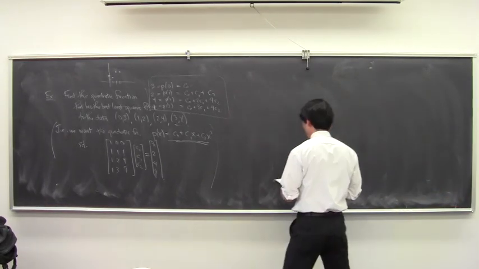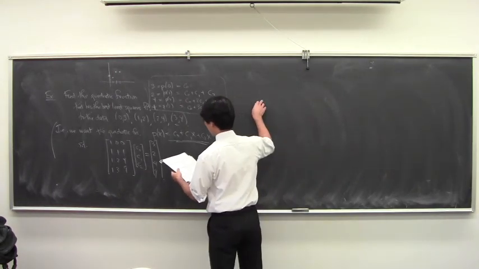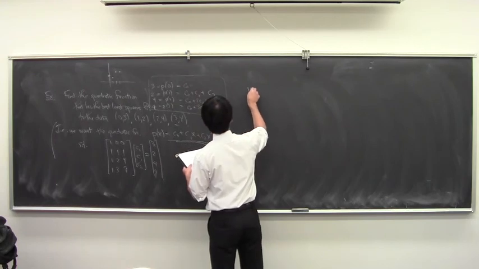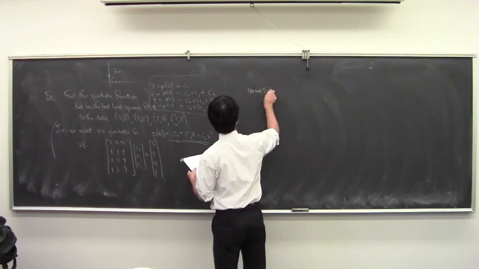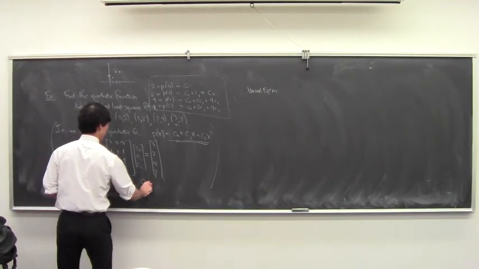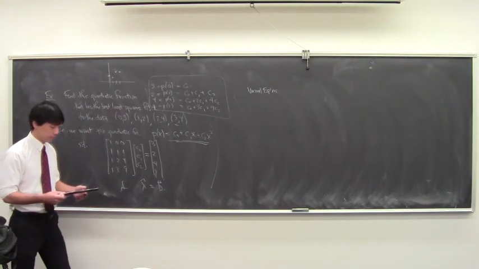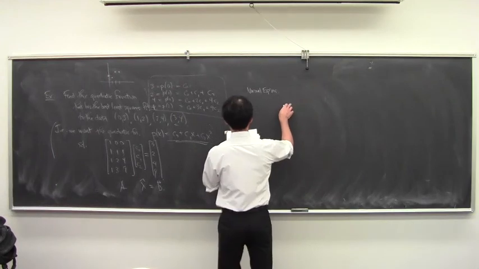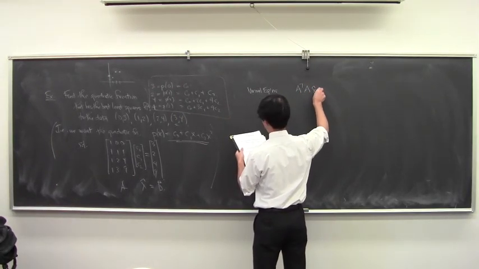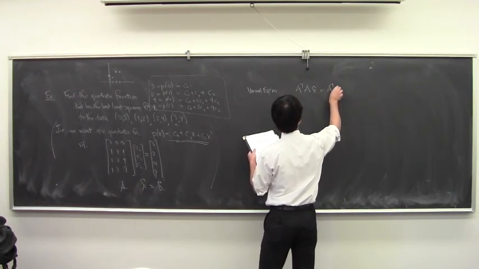Okay, so we translate this, right? We say the normal equation. This is our A. This is what we're looking for, and this is our B. So we take A transpose A x equals A^T b.